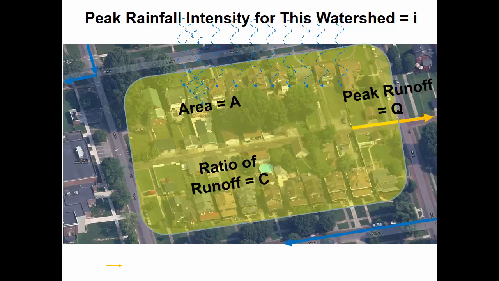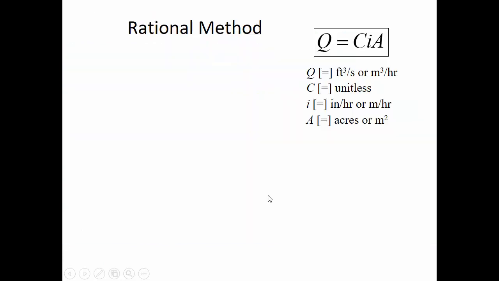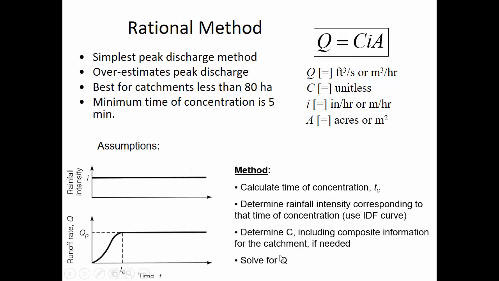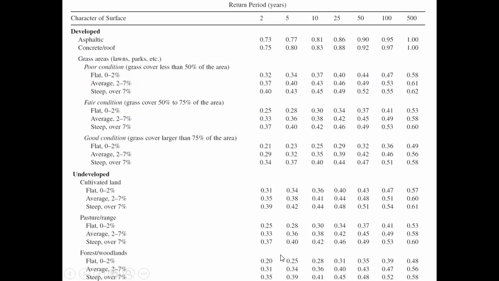You'd look at maybe an aerial photo, or you'd go to a site visit and estimate, based on this area, you've got some trees, you've got some grass, roof, pavement, and you come up with a weighted average of the runoff ratio. And so the weighted average of the C value, and then you can finally solve for the flow, Q.